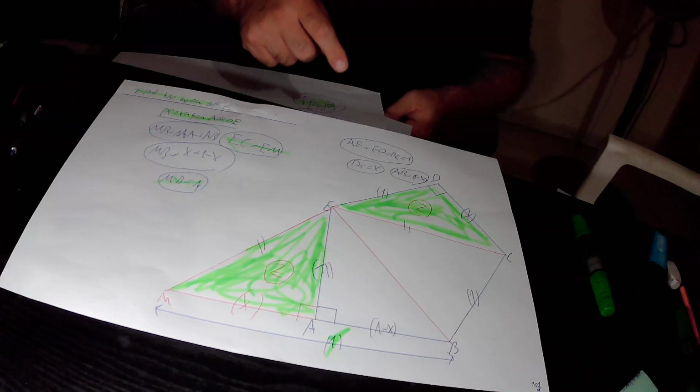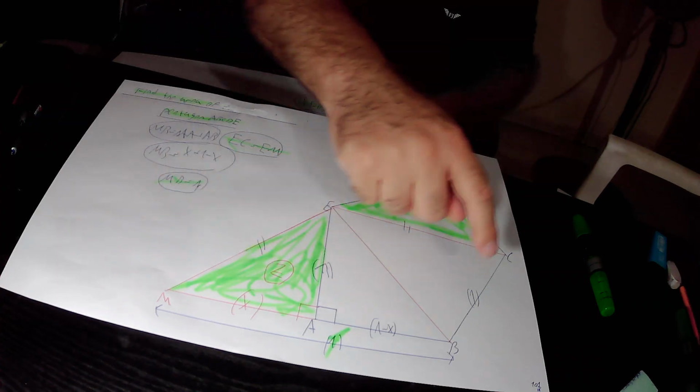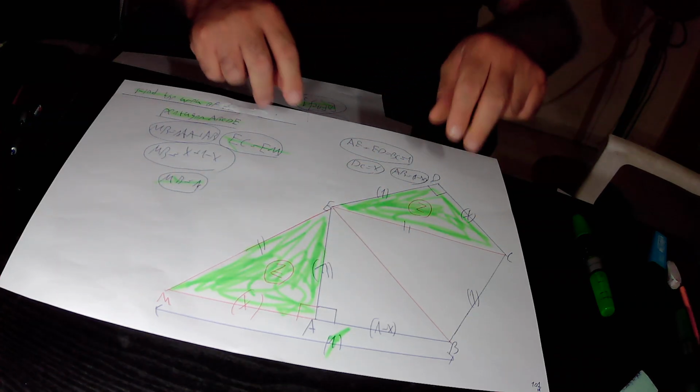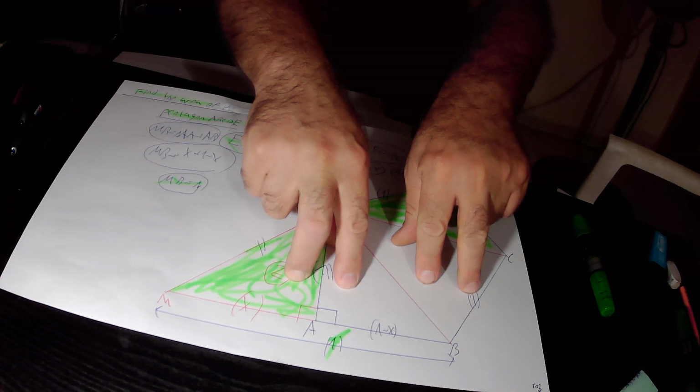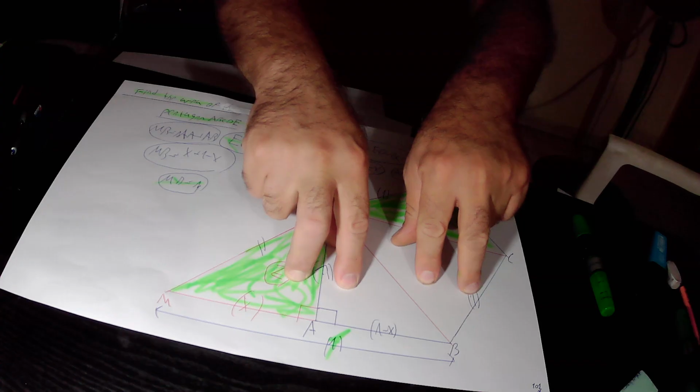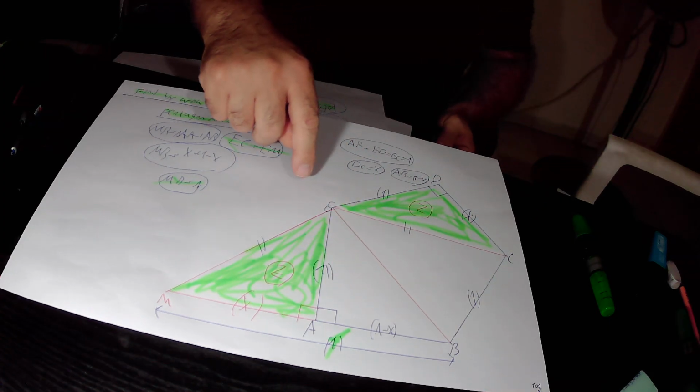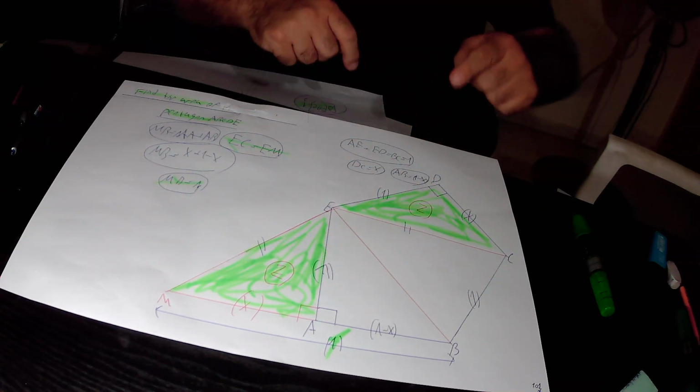Actually, the big quadrilateral EMBC consists of two shapes, those two shapes. Therefore, its area must be equal to the area of this triangle EMB plus the area of this triangle EBC.